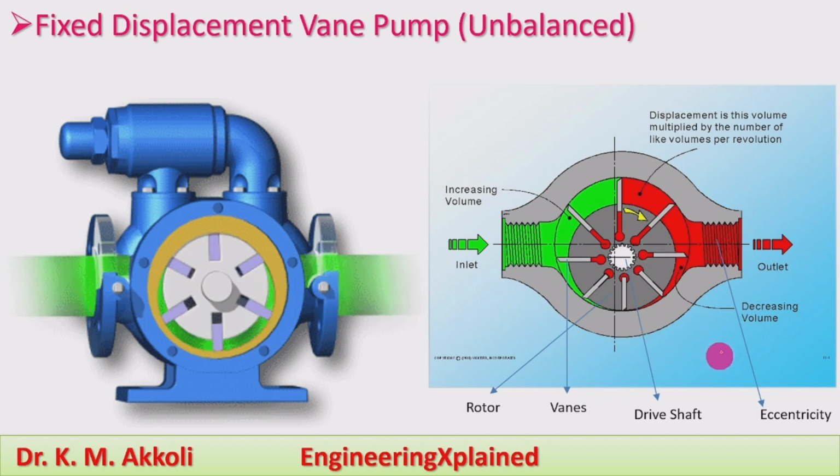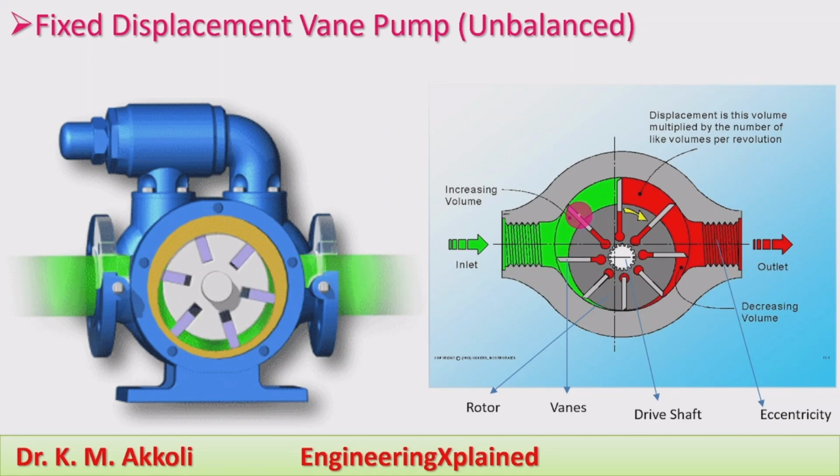This can be explained using this line diagram. Here we can see the inside rotor, and to that the drive shaft is connected. The slots are provided in order to move the vanes, and these are the vanes inserted in the slots. Whenever this rotor is rotating, these vanes move outwards, and they are held against the inside surface of the cam ring, thereby increasing the volume to flow the fluid.